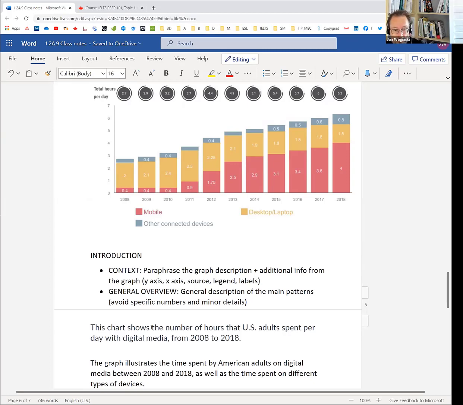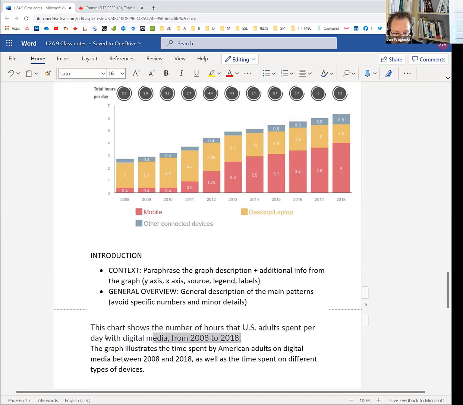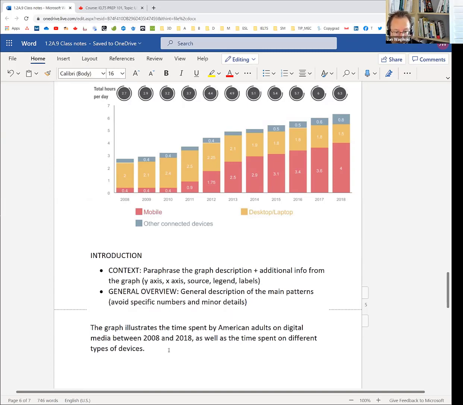Okay, now the general overview. So that's the first part. I'm just going to delete this now. Now for the general overview, we start it by saying, generally speaking. Now we're going to add this phrase. It can be clearly seen that. The reason we add this phrase is because it's in passive voice. Just memorize this. Okay, ignore Microsoft.